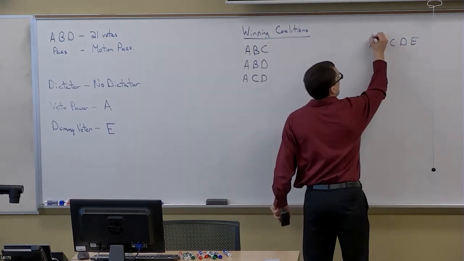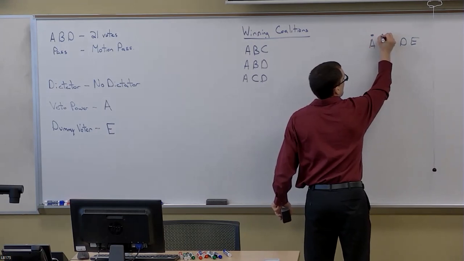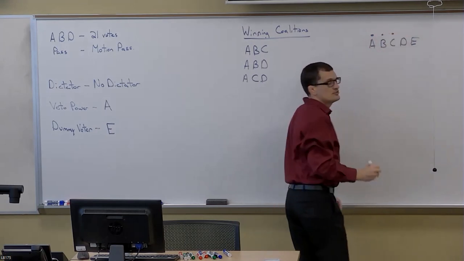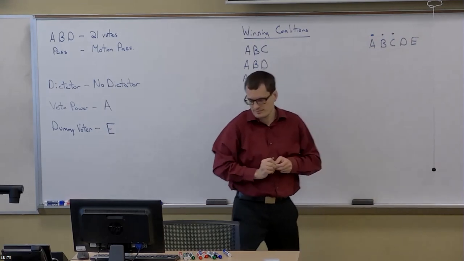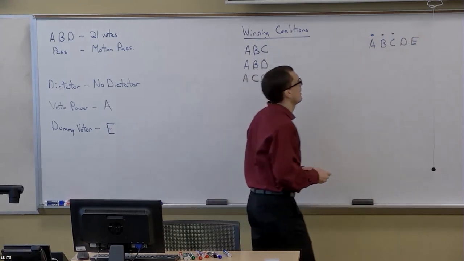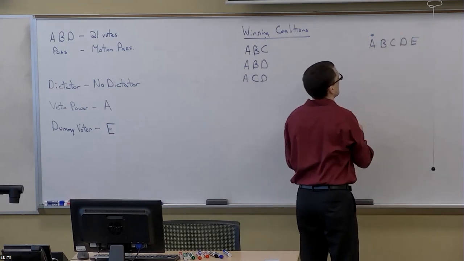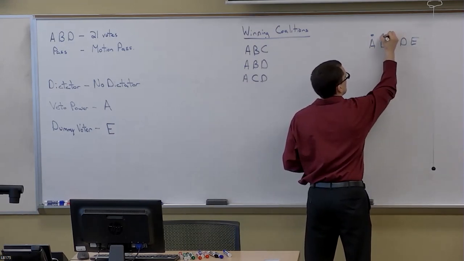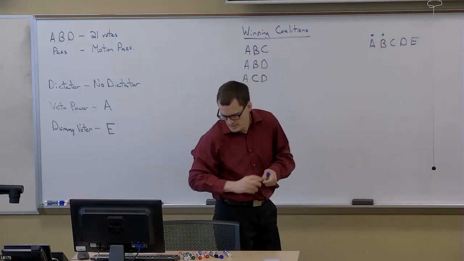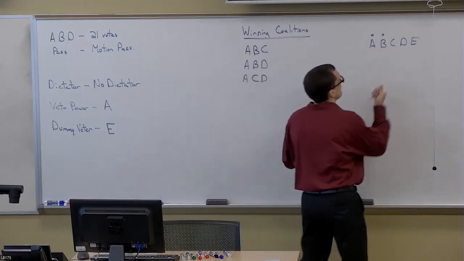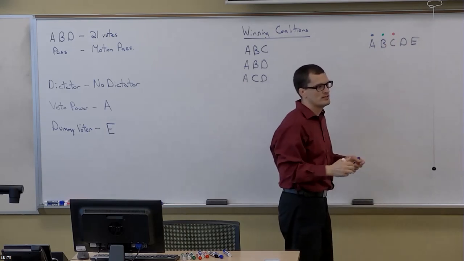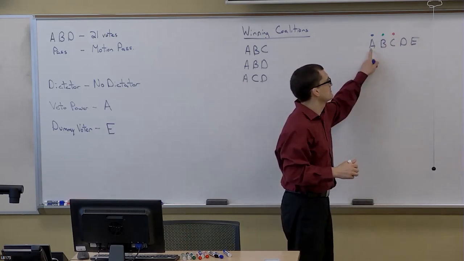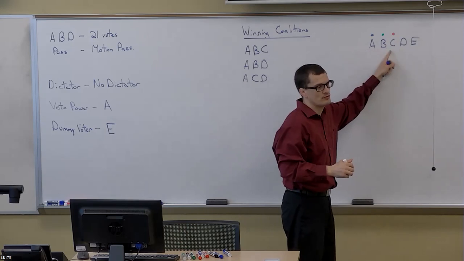I kind of think of it this way. I start with 3 dots. Actually, let me do a different color. And I say, in a systematic way, if I'm looking through all the triples, let's try ABC. Those are the first 3.